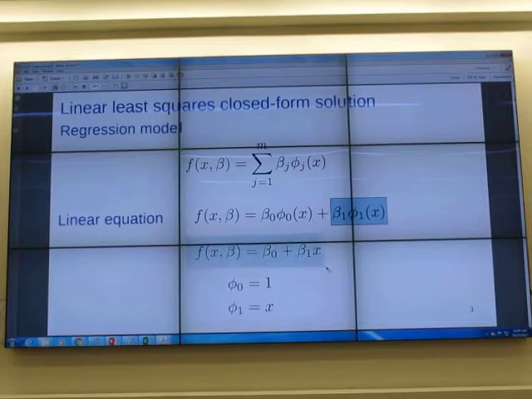You end up with a line. Linear model, linear equation, just one line: y equals mx plus b. So beta_1 is the slope and beta_0 is the intercept.